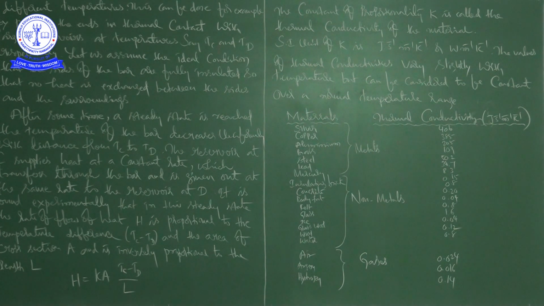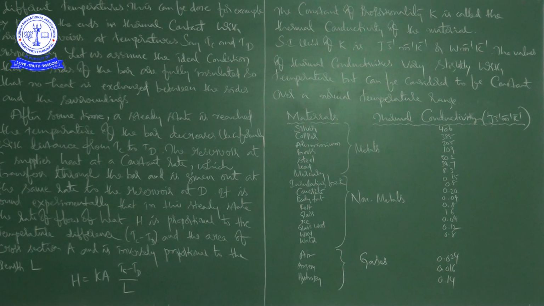Here we got an important physical quantity, the coefficient of thermal conductivity, or thermal conductivity, capital K. So H equals K A (Tc minus Td) by L. H means the rate of flow of heat, K is the thermal conductivity, A is the area of cross section, Tc minus Td is the temperature difference between the two reservoirs, and L is the length.